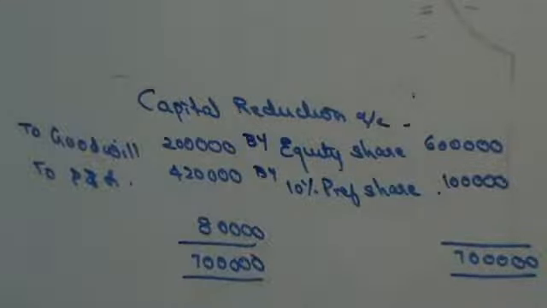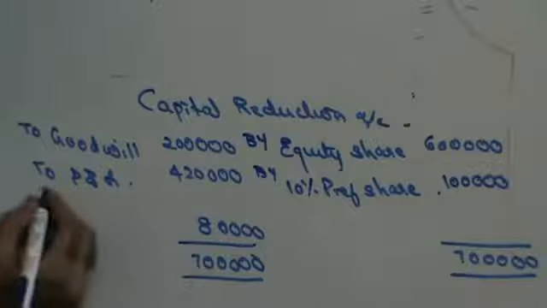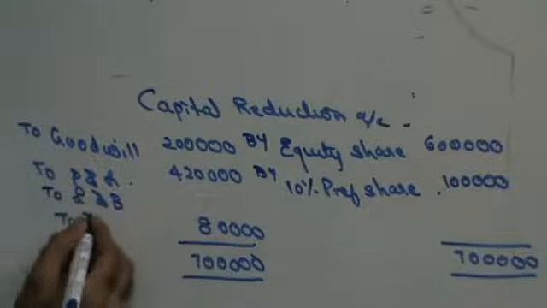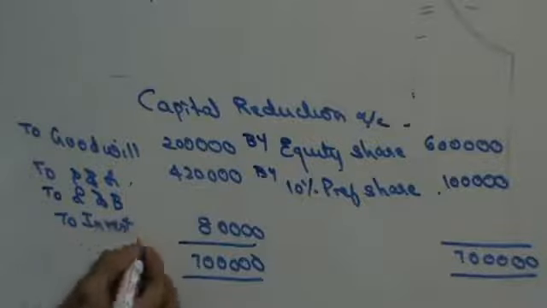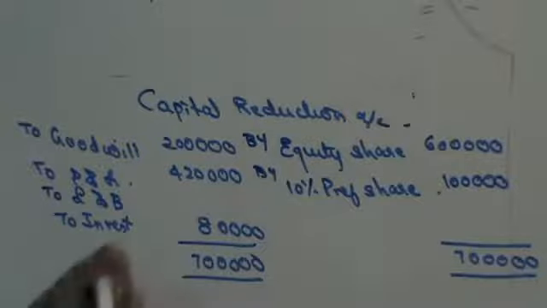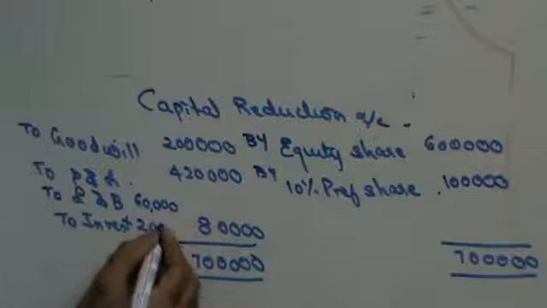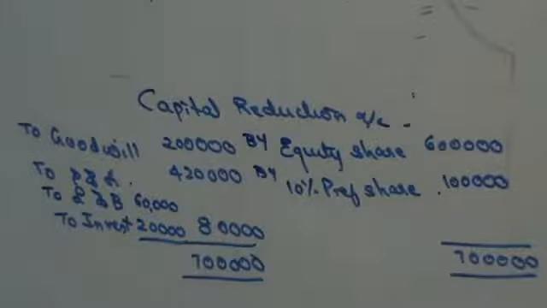Now they are saying that the difference is to be used to write off land and building and investments in the ratio of 3:1. 80,000 if I divide in the ratio of 3:1, I'll get 60,000 and 20,000. So the balancing figure is used to write off land and building and investments in the ratio of 3:1.